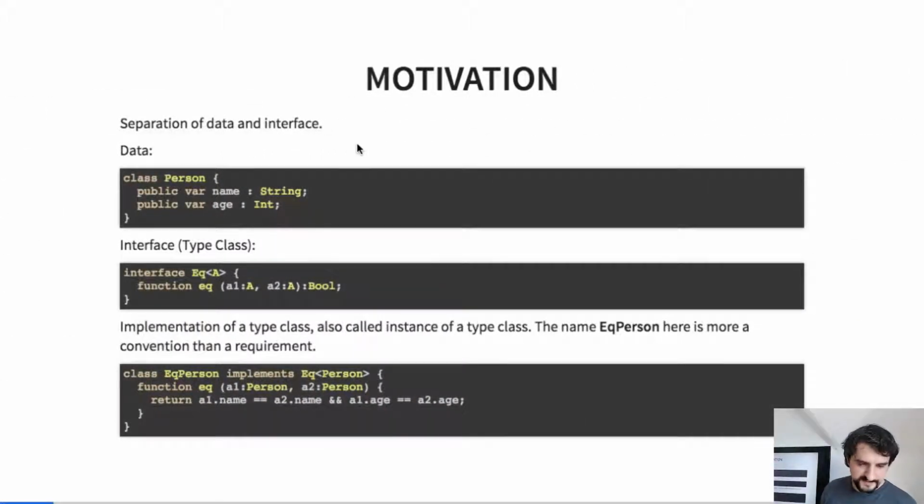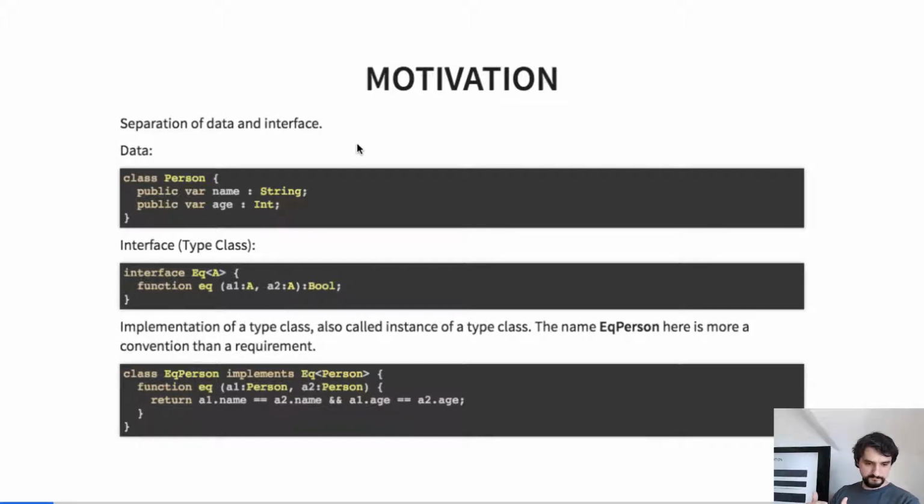So what's the motivation for all of this? The main idea of type classes is the separation of data and interface. As in this example, you have a person type with a name and an age, and then you have the interface, which you define separately from the data.